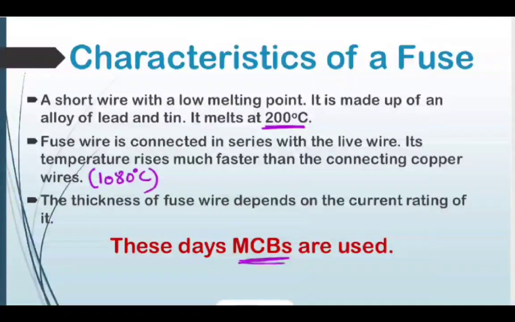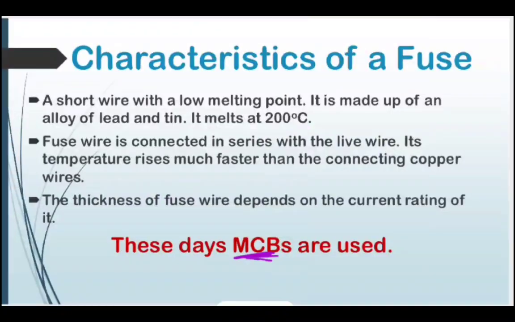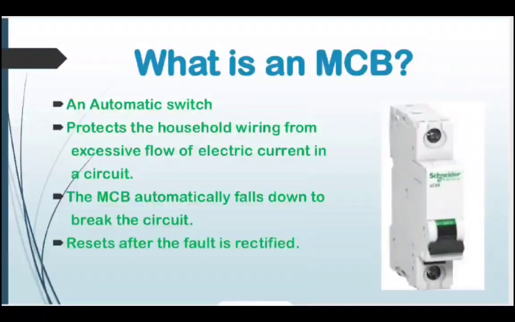What is an MCB? Miniature circuit breaker. These are used commonly these days. MCBs are nothing but miniature circuit breakers. They are automatic switches.